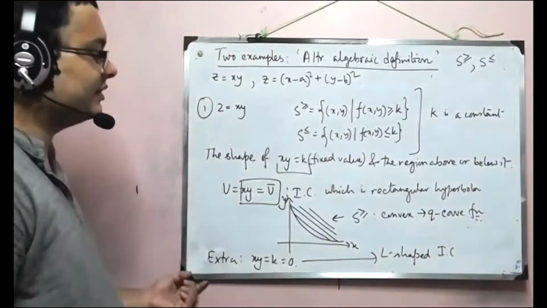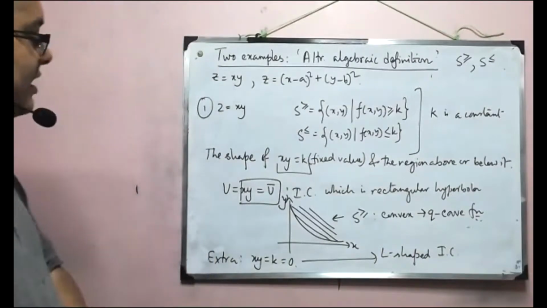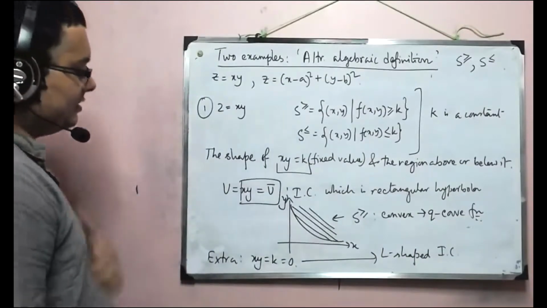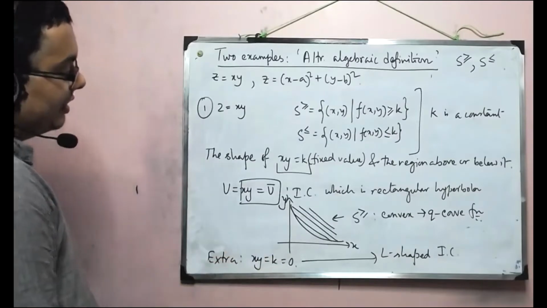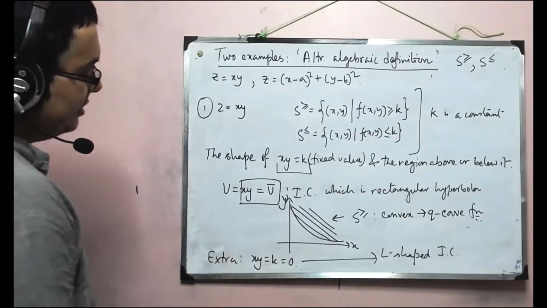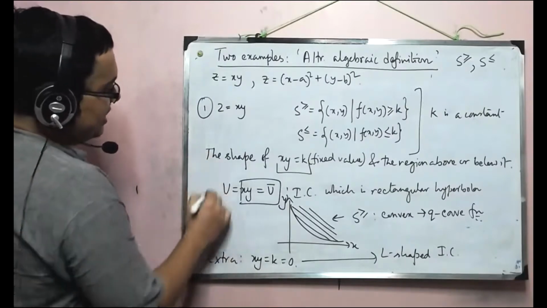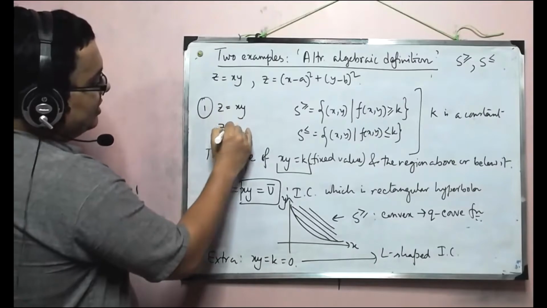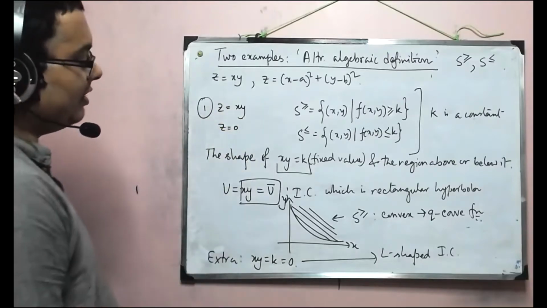So here we have another look at the L-shaped IC. This has the functional structure xy equal to k, but the value is 0. That is, on the z-axis, z equals 0. Here, z is non-zero, so you have a rectangular hyperbola.